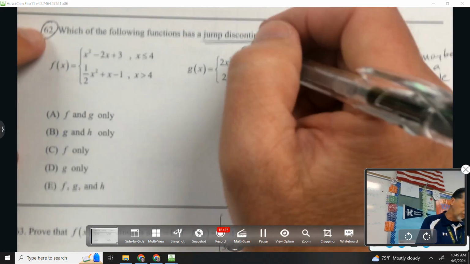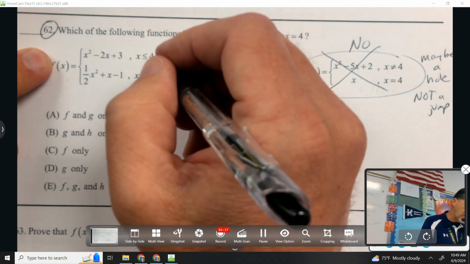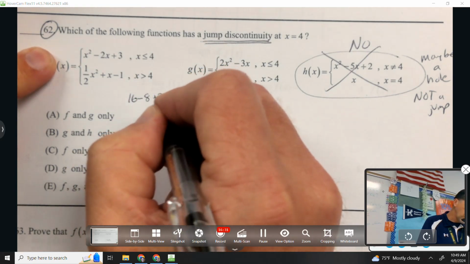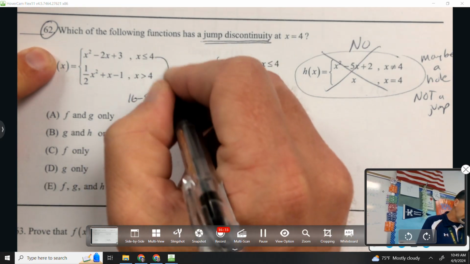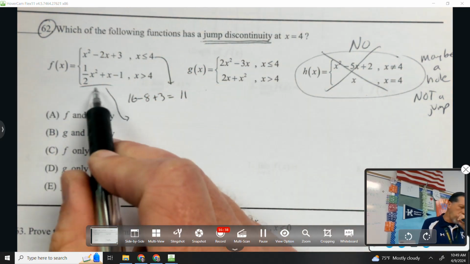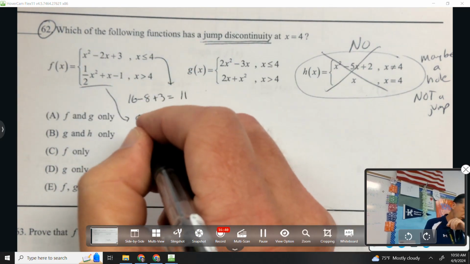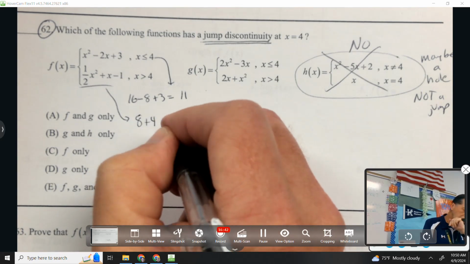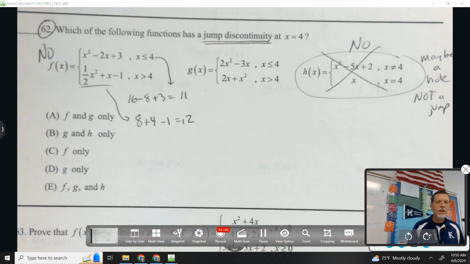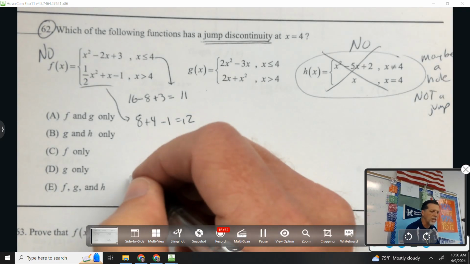Alright, these others I'm going to have to check the left and right sides. At 4, so that's 16 minus 8 plus 3 is 11. And then half of 16 is 8 plus 4 minus 1. That's 11. So that does not have a jump discontinuity. That's 2 different parabolas meeting, but they meet at just the right spot.